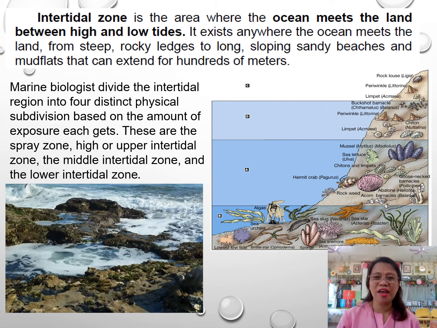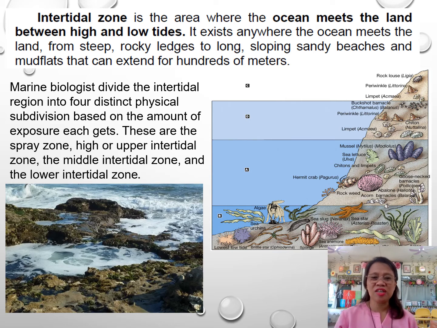Intertidal zone is the area where the ocean meets the land between high and low tides. It exists anywhere the ocean meets the land, from steep, rocky ledges to long, sloping sandy beaches and mud flats that can extend for hundreds of meters.